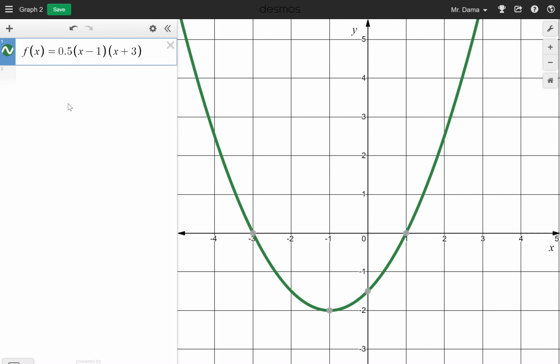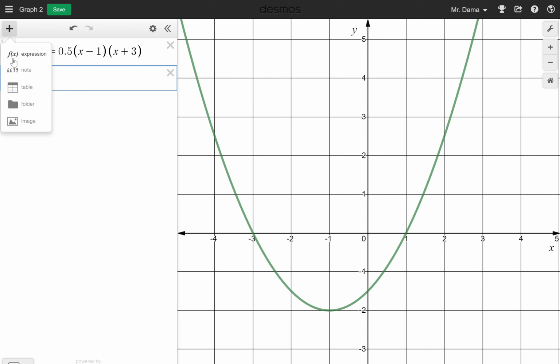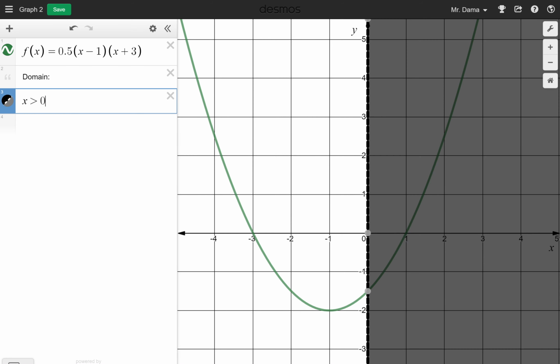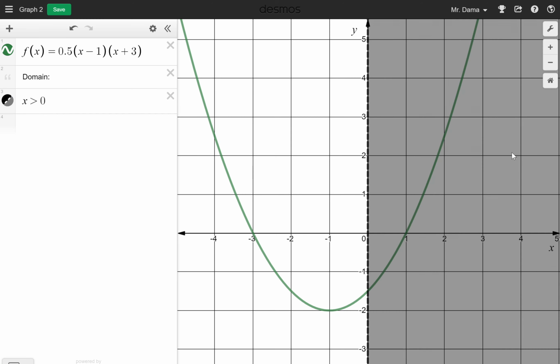Now look at my function. And suppose I wanted my function only in the positive half. I could insert a domain. I could say my domain is x greater than or equal to 0. And I could try and get all of that in my function, and that only being the part.